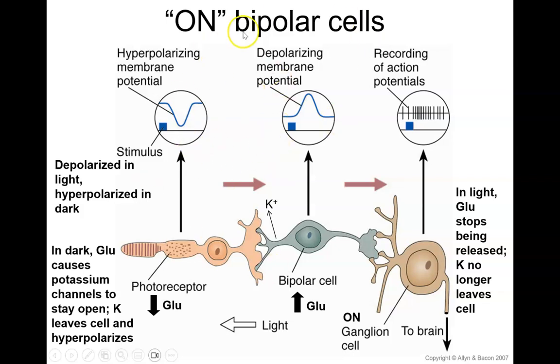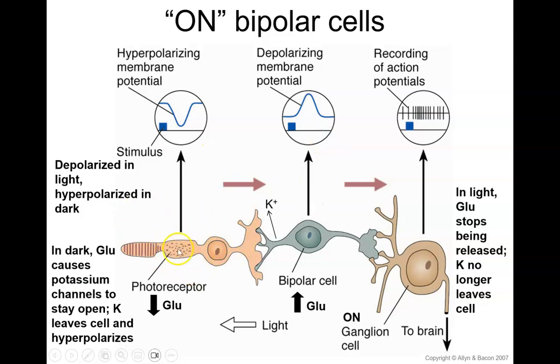The photoreceptor releases glutamate onto the bipolar cell, which binds to a potassium channel that causes the channels to open or stay open. Potassium will leave the cell, and remember, potassium carries a positive charge, so when it leaves, it hyperpolarizes the cell. Now let's talk about what is going on in the light.